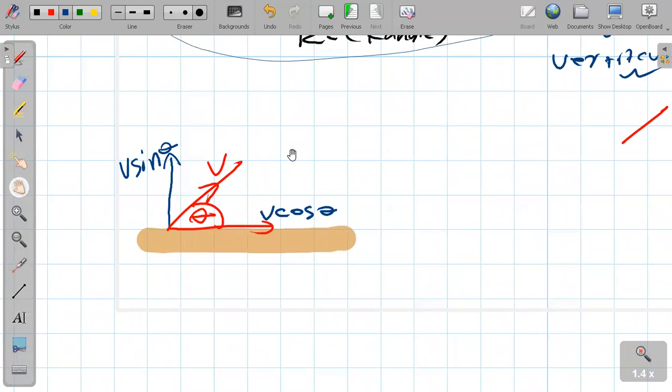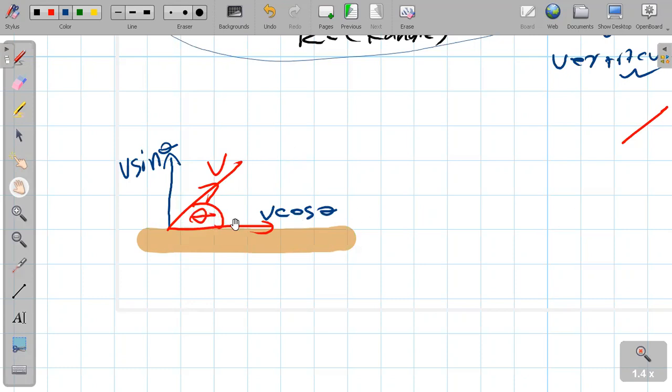So at the initial position, the projectile velocity can be resolved as following.